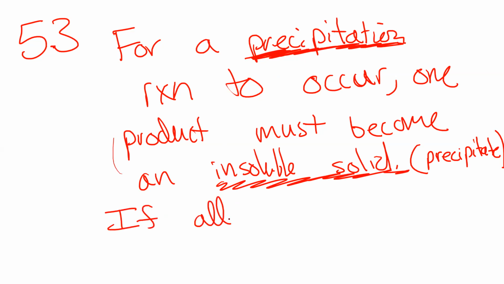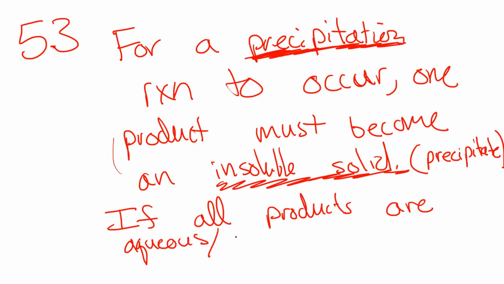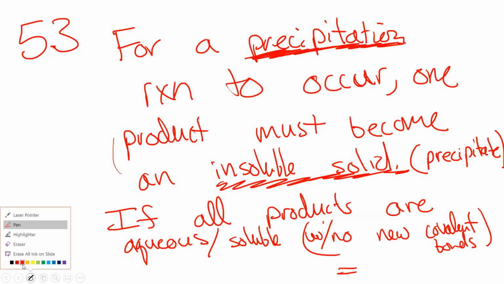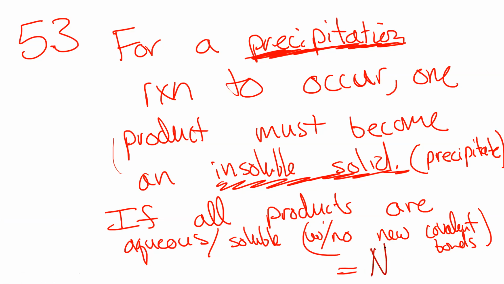If all products are aqueous, soluble, with no new covalent bonds, because yes, there are exceptions to a lot of these things, then this is the situation known as no reaction.